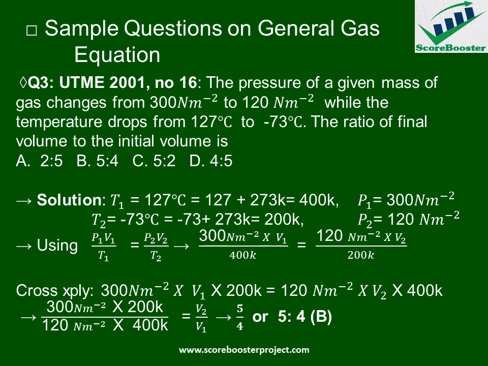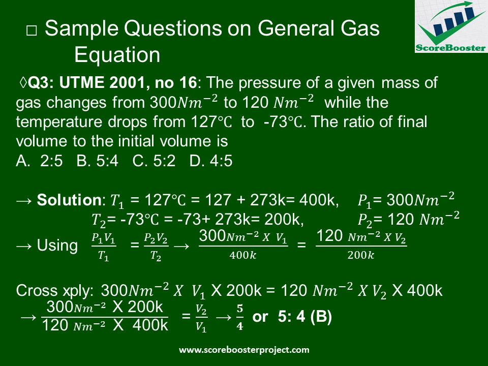The ratio of the final volume to the initial is dash. Option A is 2:5. Option B is 5:4. Option C is 5:2, while option D is 4:5.